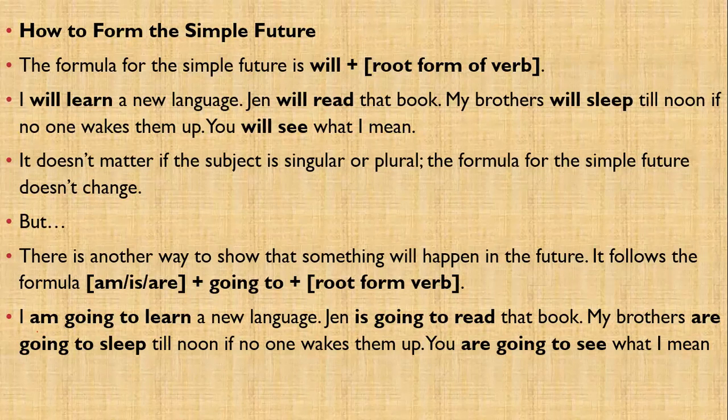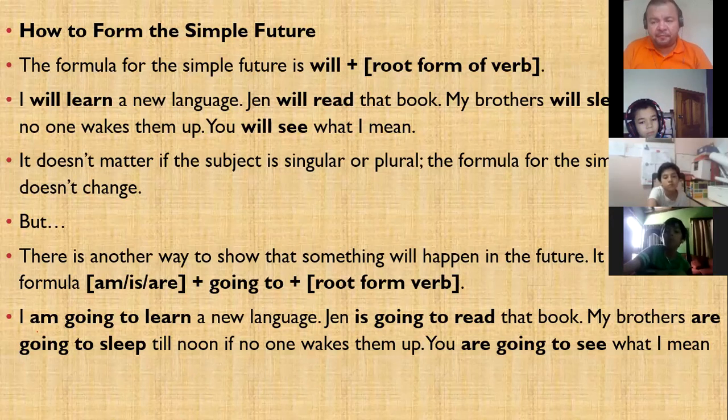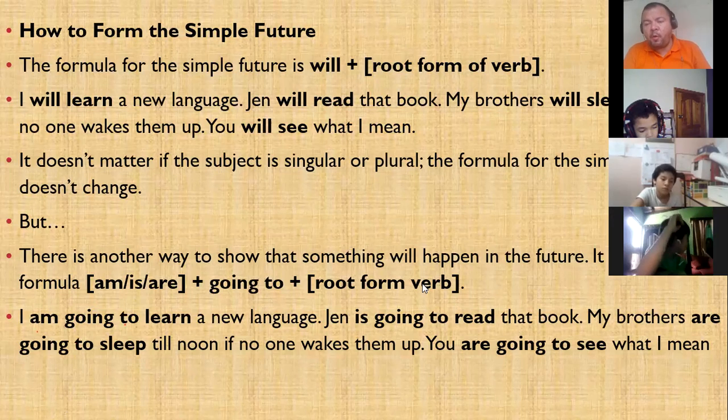I don't know if you understand what I tried to say about the two ways of making the future. One way is using will. And the other way is using the verb to be plus going to plus the base form or root form of the verb.